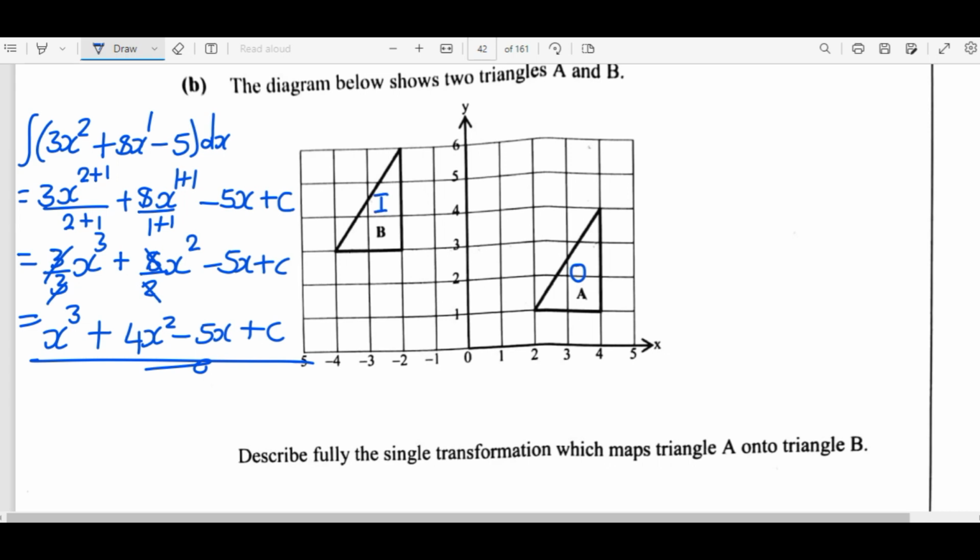If you look at what has happened, the shape of the image is the same as the shape of the object, and the size is the same. The corresponding sides are facing in the same direction. So there was just a movement of this object giving us this image. So we are dealing with translation.